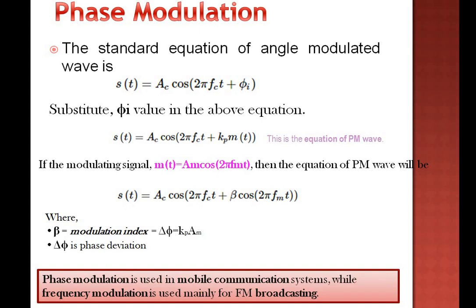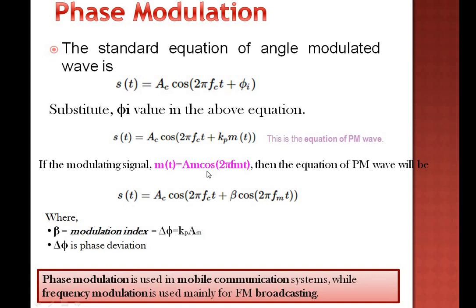So your angle modulated wave becomes S of t is equals to Ac cos 2 pi fct plus phi i. The standard equation is S of t is equals to Ac cos theta i of t. Instead of theta you have changed the phase, no? That's the reason instead of theta I am substituting the value of 2 pi fct plus phi i.